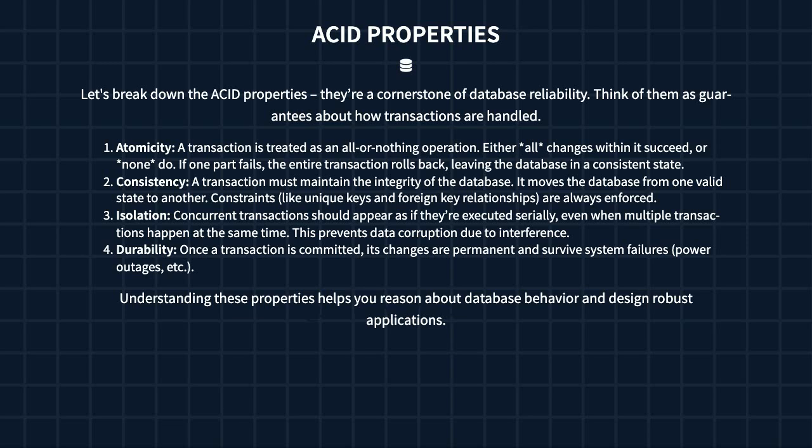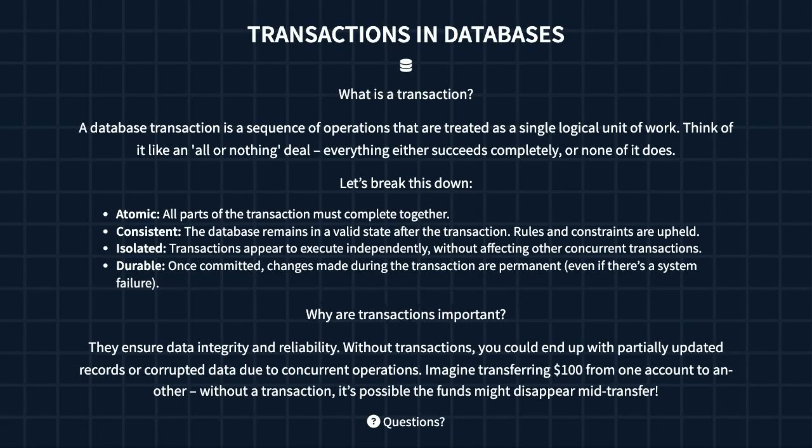It's permanent. Okay, so let's talk about transactions. Basically, they're like a way to group multiple database operations together and treat them as one single action. Think of it as an all-or-nothing situation. Either everything in the transaction goes through successfully, or none of it does. It's really important that each step within a transaction is atomic, meaning it completes fully.